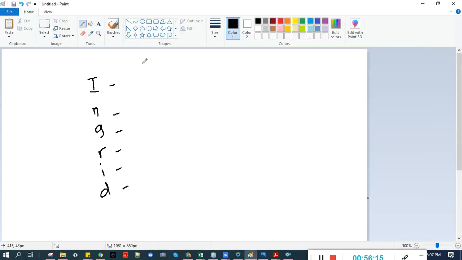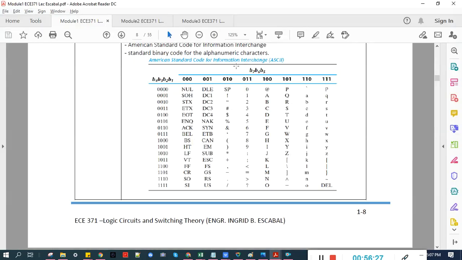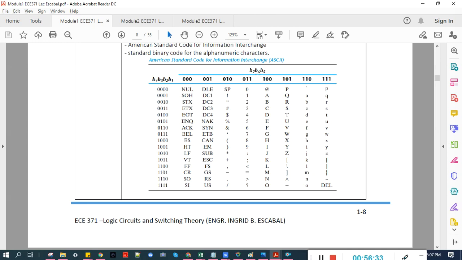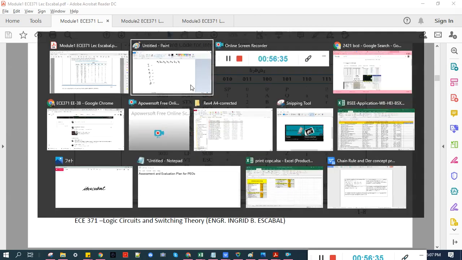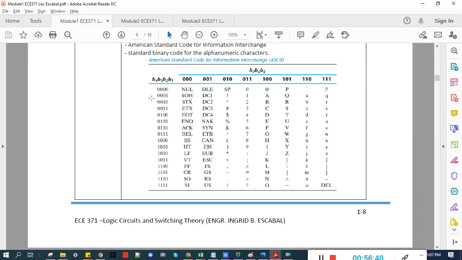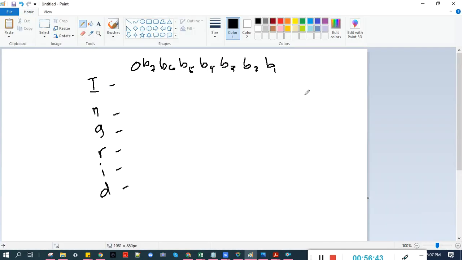Bits 7, 6, 5, the 7 bits. 7-bit ASCII code for capital I. This row here is for bits 765.